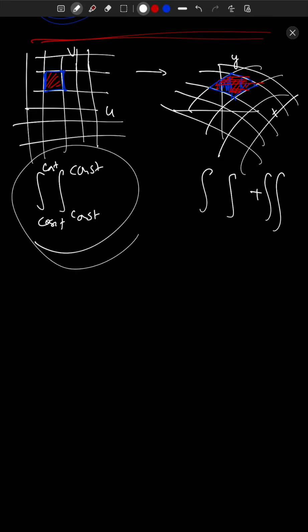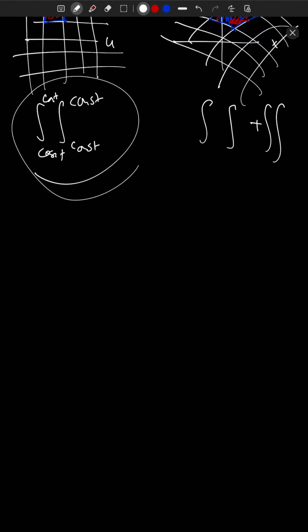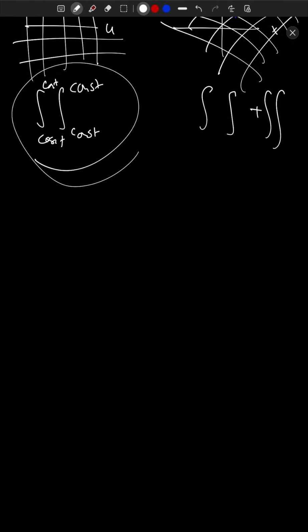This is literally what's happening when we integrate using polar coordinates. So in polar coordinates, instead of u, let's call it r, and we have theta, right? So this is our u, and this is our theta. We're going to try to use u and v as much as possible today, just so we can get used to it.